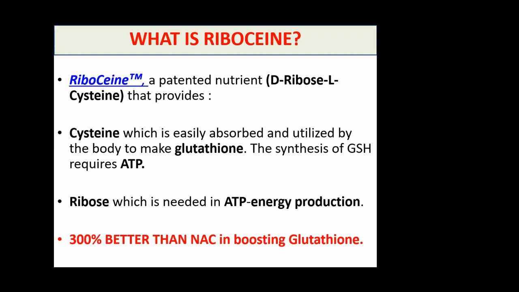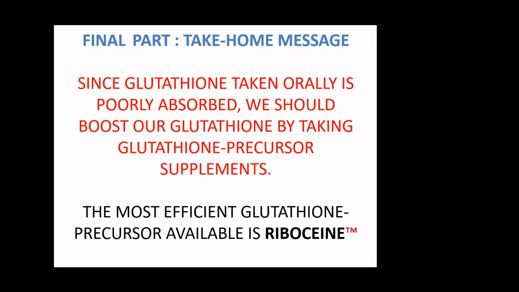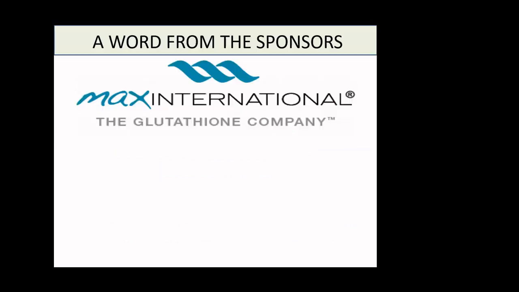So this most probably explains why ribosine is 300% better than the next best precursor, which is NAC or N-acetylcysteine. So final part, take-home message: since glutathione taken orally is poorly absorbed, we should boost our glutathione by taking glutathione precursor supplements, and the most efficient glutathione precursor available at the moment is ribosine.